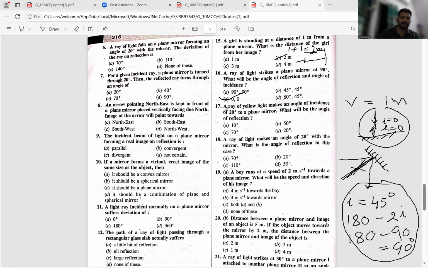Okay. Now move on to the 17th question. A ray of yellow light makes an angle of incidence of 20 degrees on a plane mirror. What is the angle of reflection?